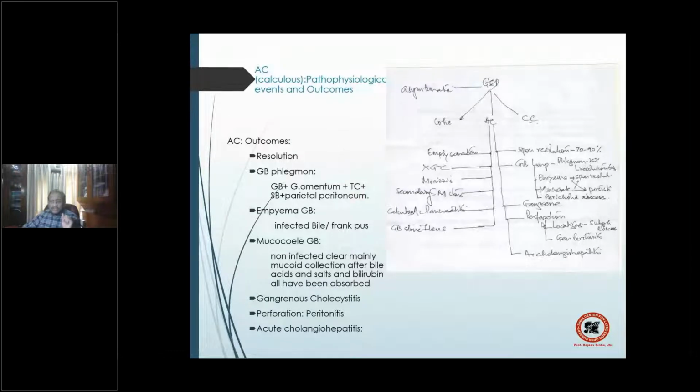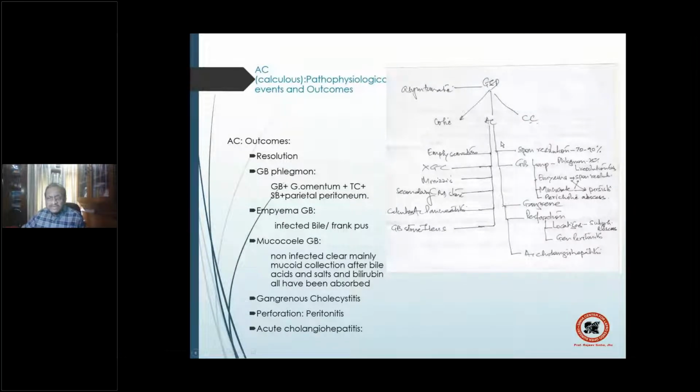That will lead to either a localized pericolic abscess, which I just referred to, or a subphrenic abscess, or an abscess in the area of Morrison's pouch, or it could be generalized peritonitis. And of course, along with that, you have an associated acute cholangiohepatitis. So these are basically the outcomes of acute cholecystitis.